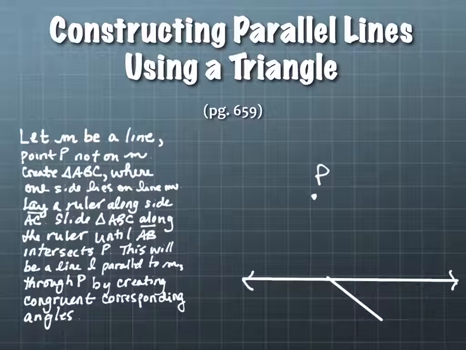I'm going to draw my triangle down here. I said I was going to do a different color. Let's do that. That'll work. And then this line that's on there is line AB, or segment AB. And C is off. Okay.